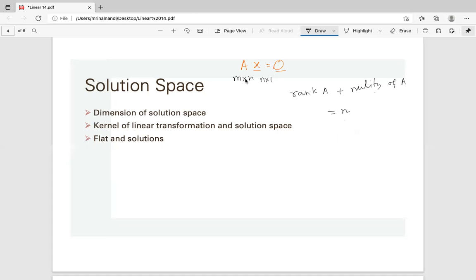Now it is clear that the rank of A cannot be strictly greater than n. It may be equal or it may be less. That means the nullity is greater than or equal to 0.